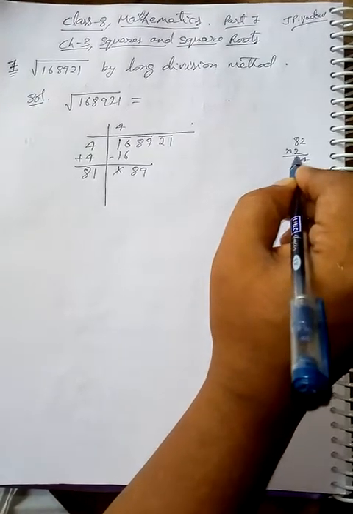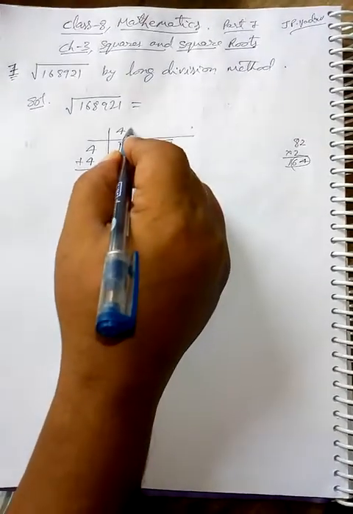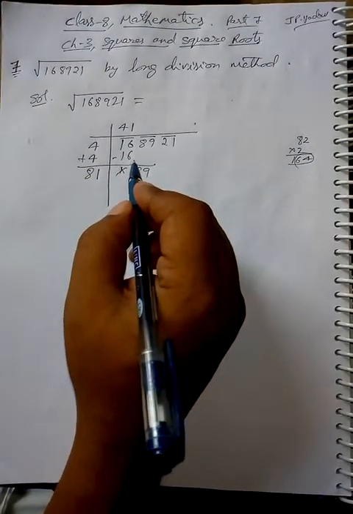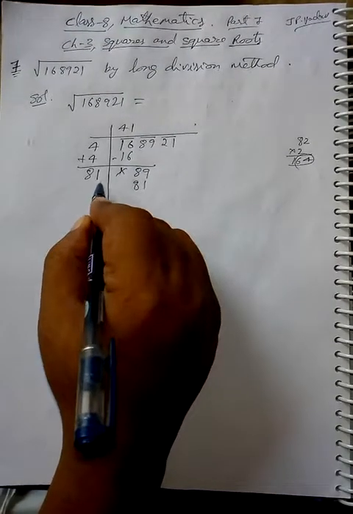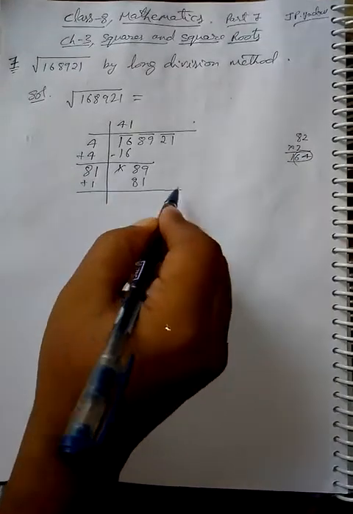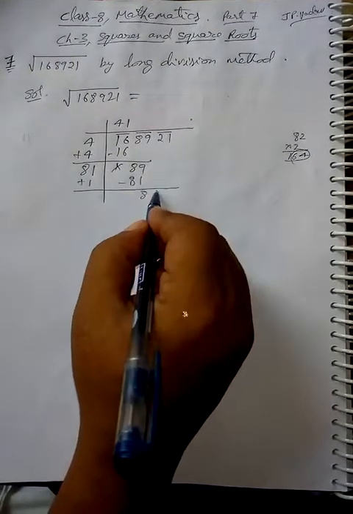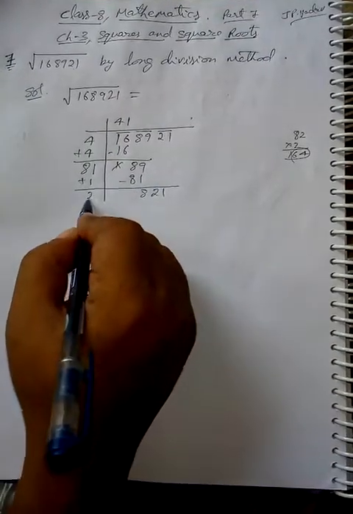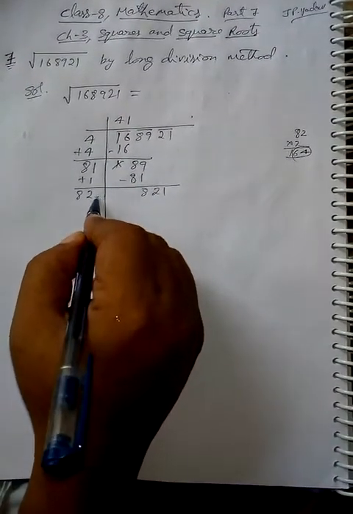So it becomes 4, it was 16, which is greater than 89. So it is necessary that I multiply with 1. 81 ones are 81. Whatever you write here must be added here. Subtract it, you get 8, and take down 21 here, 2 and 8. Always leave a space here for a one digit.